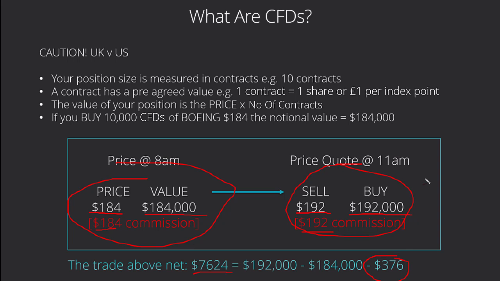So just to highlight that, this may well be the position size you want to do anyway. Maybe you are quite comfortable and have the account to manage that size position, but still be careful: if you went from Tesco to Boeing and didn't double check, you could be doing 100,000 shares of Tesco, giving you the 184,000 notional, and then with Boeing you suddenly have 1.8 million dollars worth of stock.